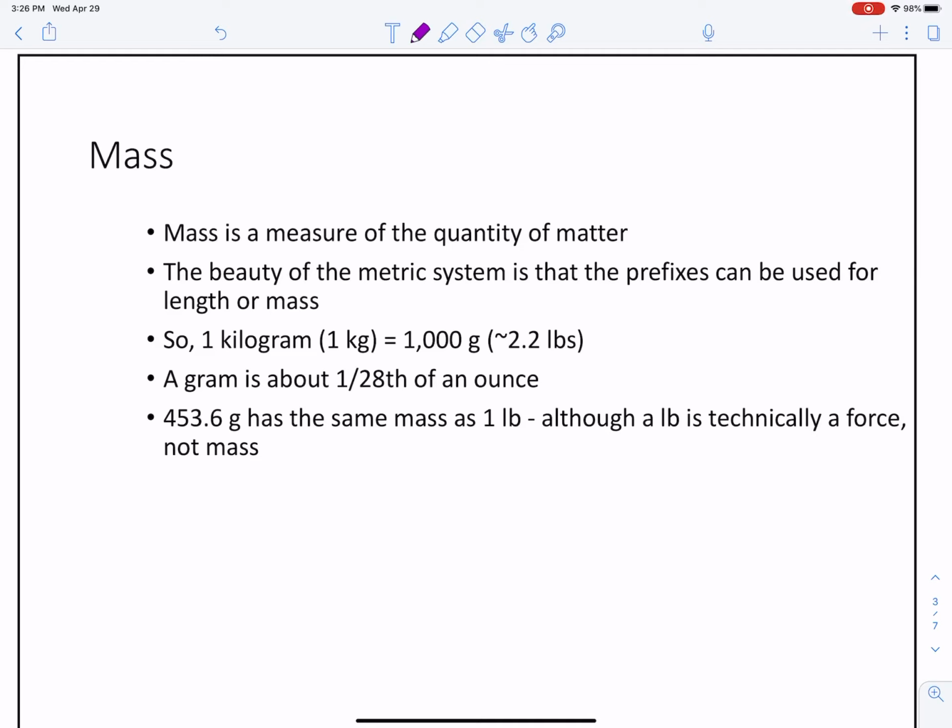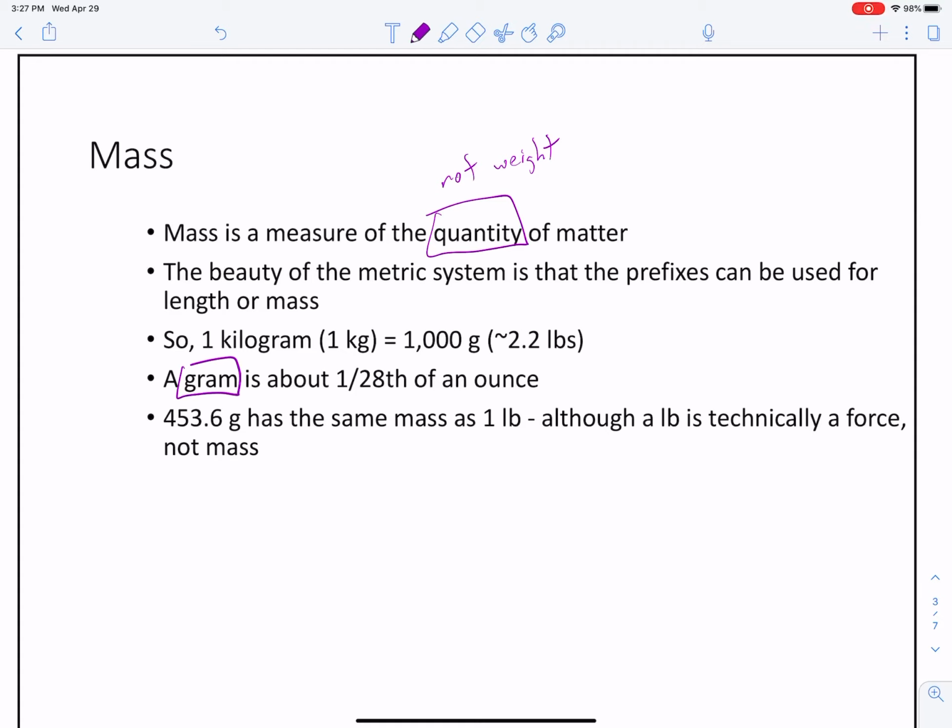We can do the same thing with a unit of mass. Mass is a measure of the quantity of matter, not weight. So this is quantity, not weight. How much mass does something have is not a weight measure. So mass is measured in terms of grams, and 1 gram is about 1/28th of an ounce.